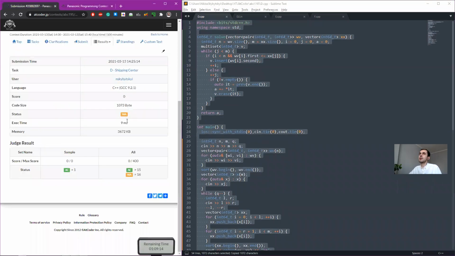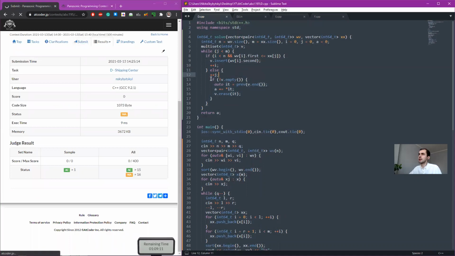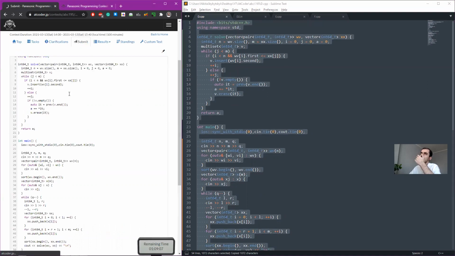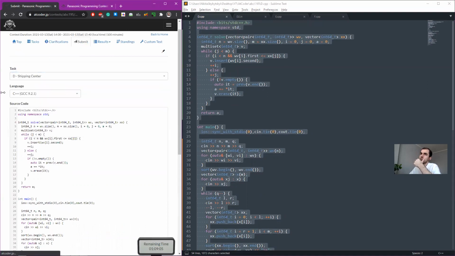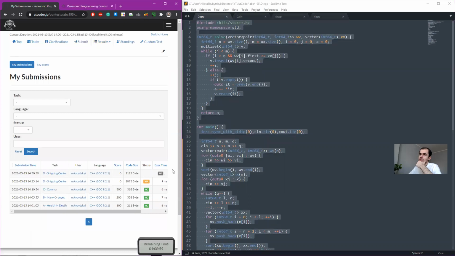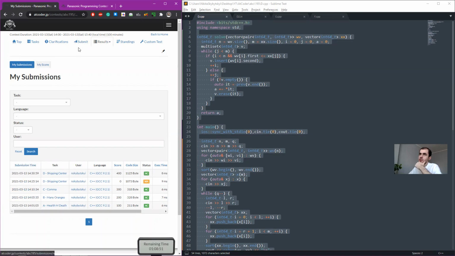All right, so we found a bug, which was that we don't have to break if we is empty. We just don't put anything into this particular box. That's unfortunate. I understand that you are not satisfied with me because I should not make such mistakes, but sometimes they happen. Okay, yeah, we got our accepted.